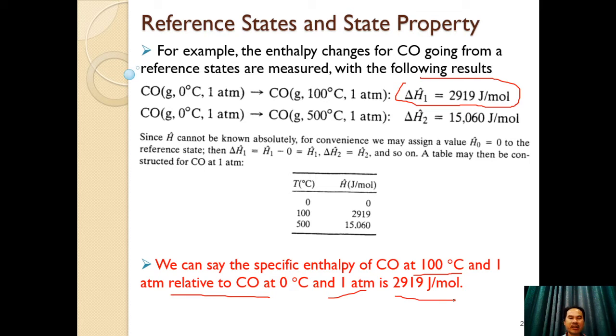This means the change of enthalpy at 100 referenced to 0 degrees Celsius is delta H, because we cannot measure the absolute enthalpy.